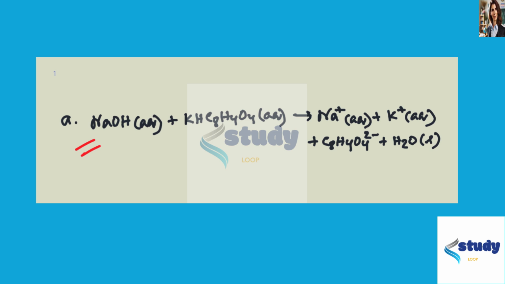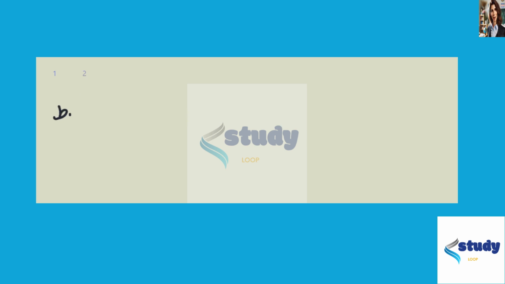And the second part, we have to find the concentration of the sodium hydroxide, where we are given the mass of KHP, which is 0.5527 gram, and we have to find the concentration of sodium hydroxide at the equivalence point.